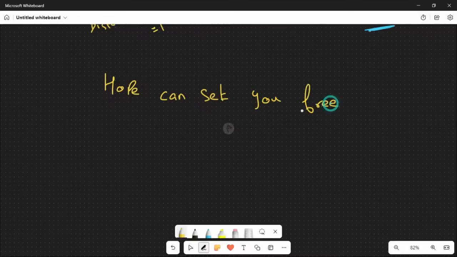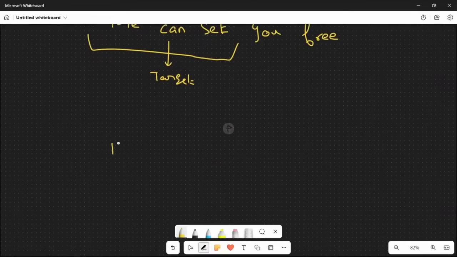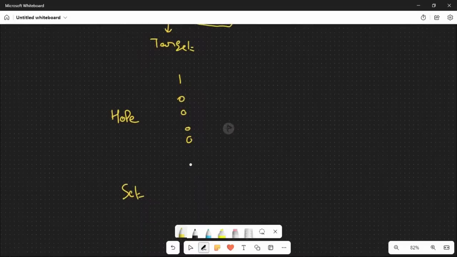So in the first time you have a window size of this, and this is your target, and for hope and set you are going to create continuous bag of words. For hope it is going to be 1, everywhere else 0. And then for set, the next feature you have, it is going to be in the third place, right? 0 0 1 0 0.